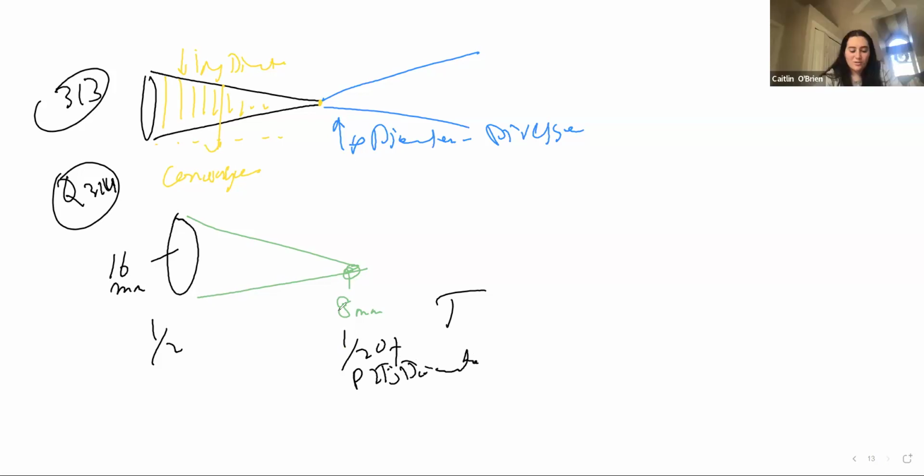The book says false. Hold on, this is the one I misread too.